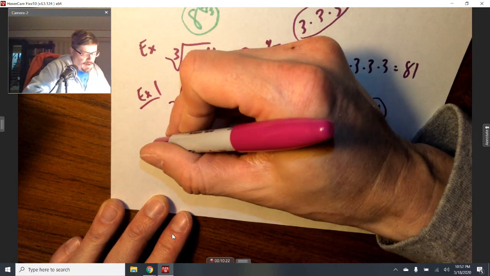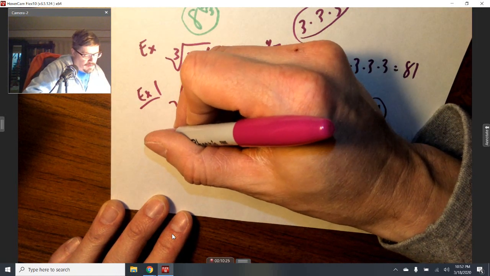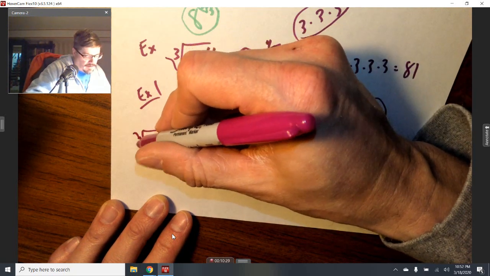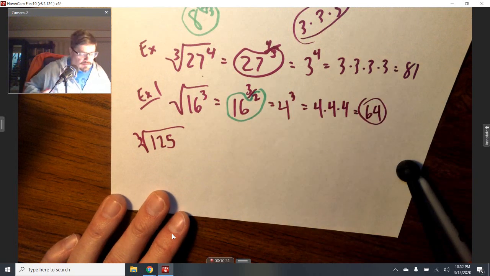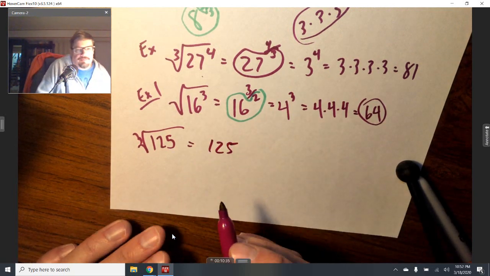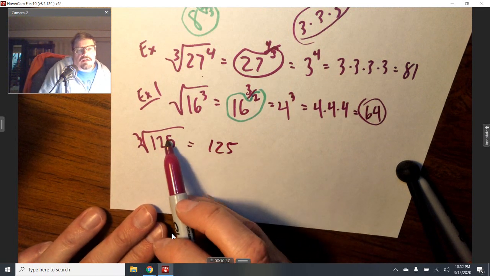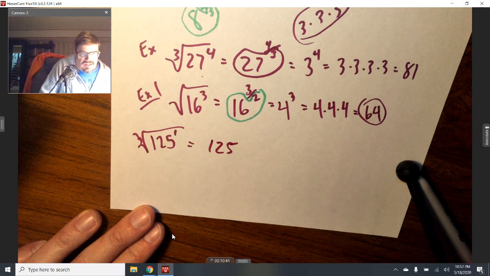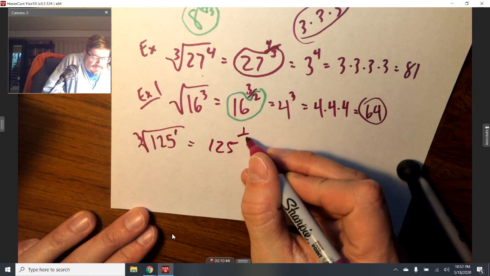One last one. Okay. How about we have 125 to the third power. That is the same as saying, well, I'm not raising 125 to any power other than 1, right? It's itself. So that's the same as this.